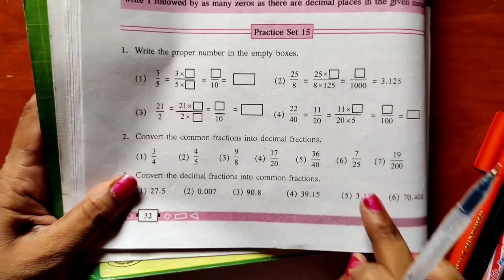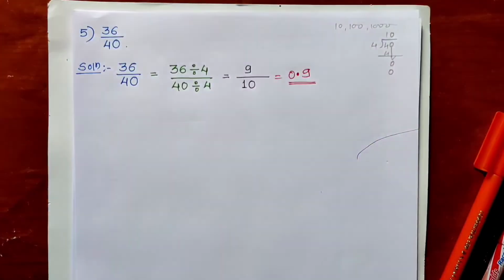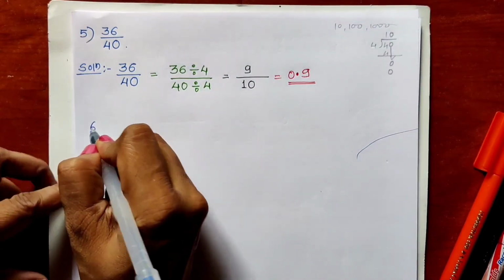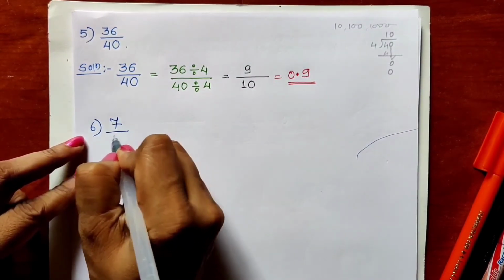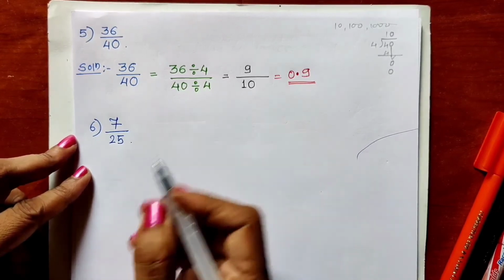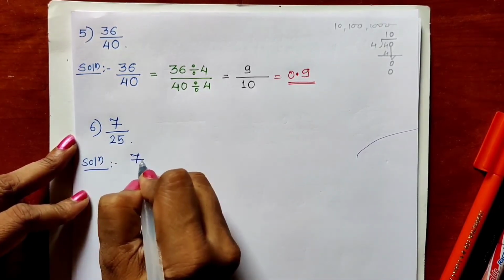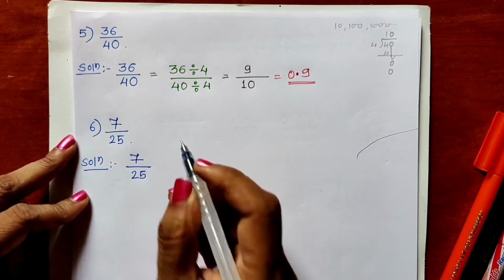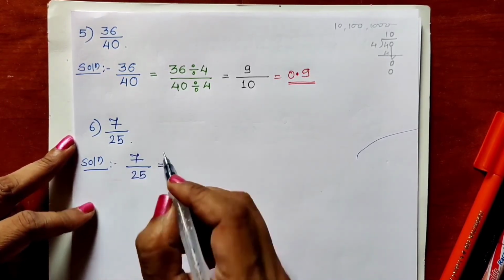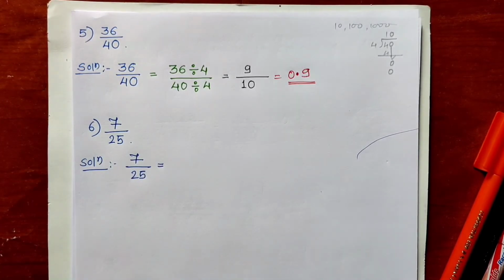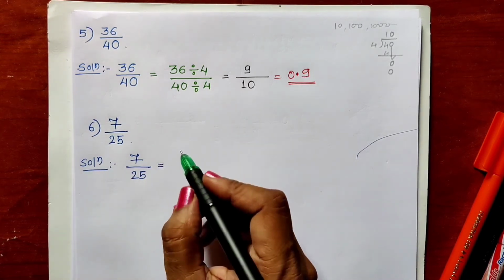Now let us see what is the next number. Next number is 7 upon 25. Sixth one. 7 upon 25. So write the solution. Write the number 7 upon 25. It is a very easy sum. By which number do we have to multiply 25? The denominator should be 10 or 100 or 1000.